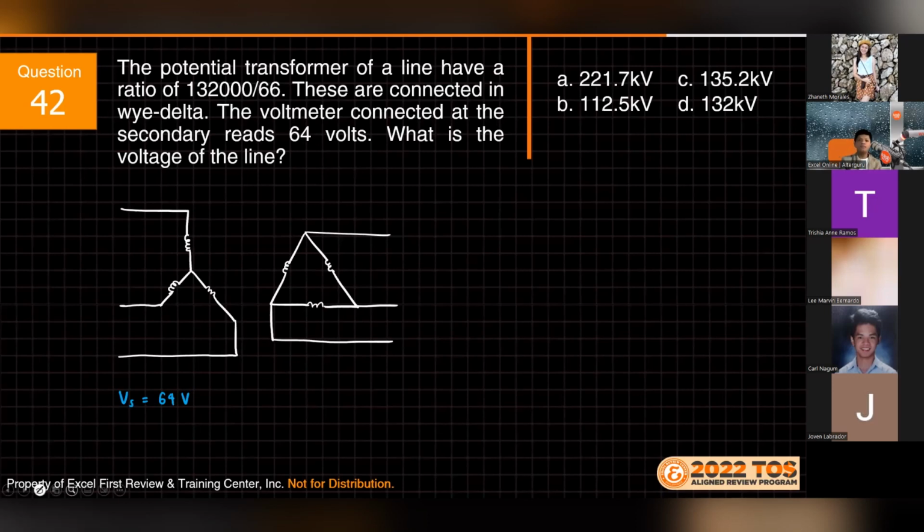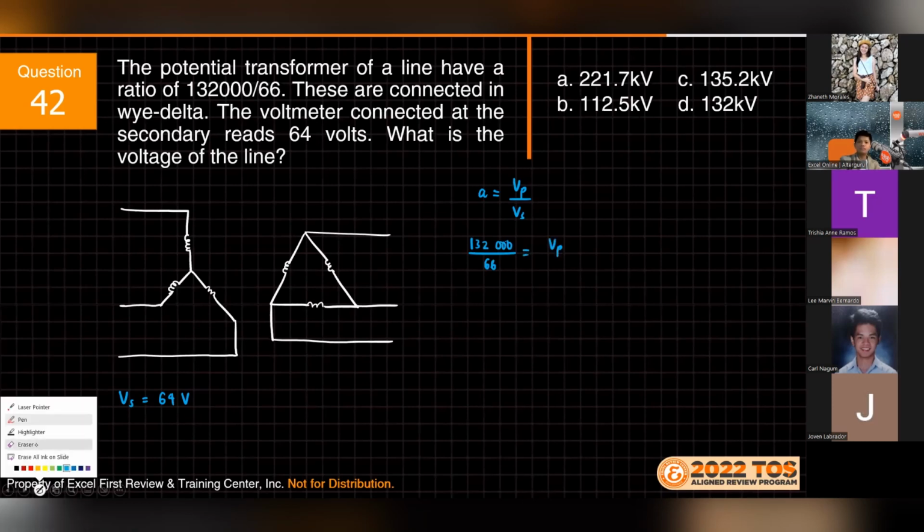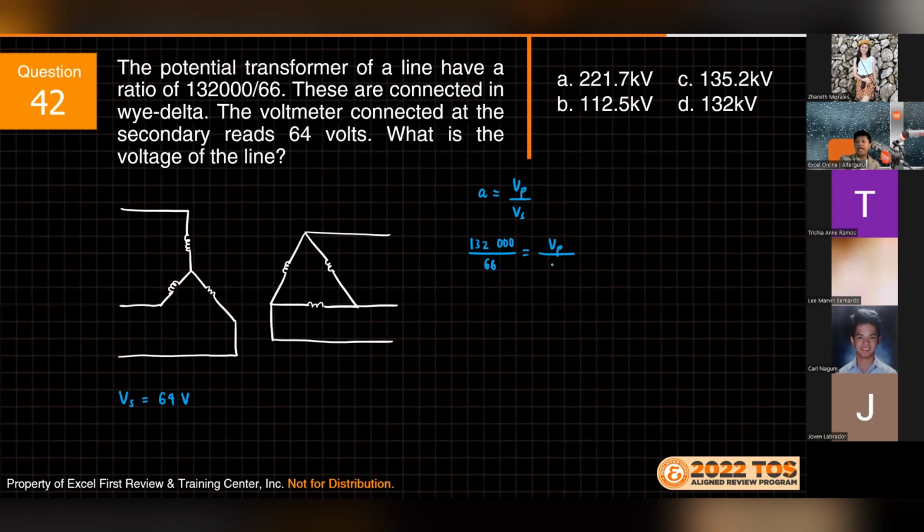Okay. Now, kunin natin yung V sub T. Ngayon, ang A natin, which is equal to VP over VS, is 132,000 over 66. Is equal to VP over VS na 64. Okay?